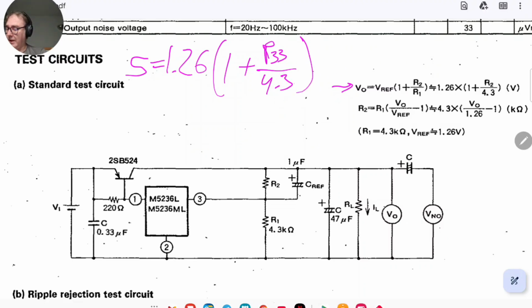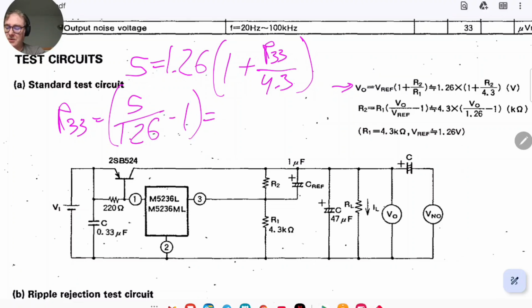So if I do it like this, R33 equals 5 divided by 1.26, minus 1, multiplied by 4, sorry, 0.3.